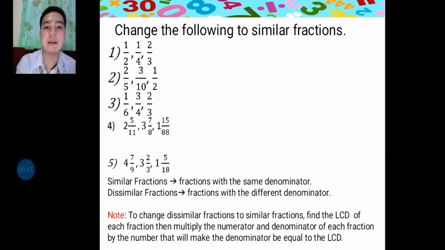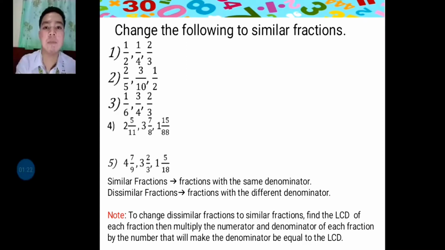Take note that to change dissimilar fractions to similar fractions, you have to find the LCD, or the least common denominator, of each fraction, then multiply the numerator and denominator of each fraction by the number that will make the denominator equal to the LCD.